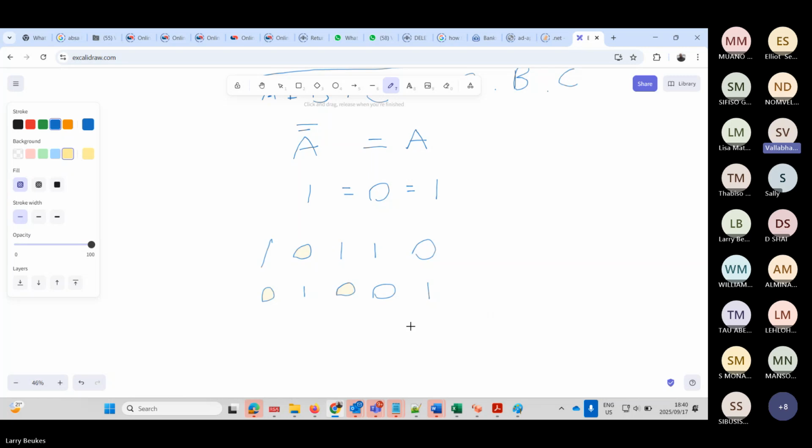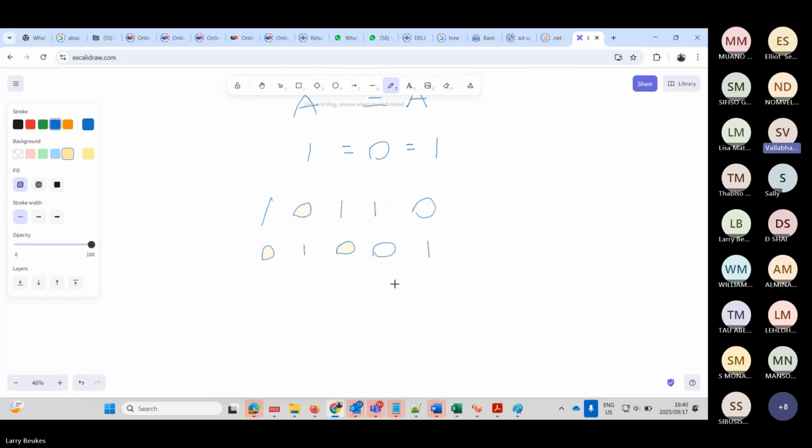Then the 2's complement of this number will be just adding 1 to it. 1 plus 1 is always 1 0, so 0 will be here and 1 will be your carry. Again, when you move to the left side, 1 plus 1 is again 1 0, which is 0 and again 1 carry.